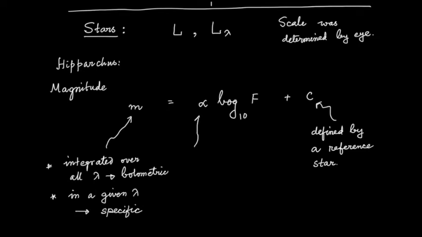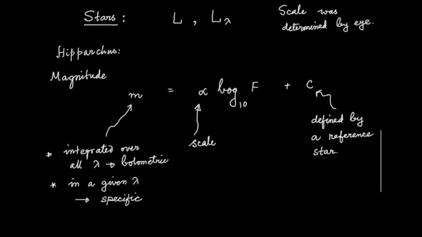Alpha determines the scale. So just like if I give you a ruler, the scale there is centimeter. So alpha determines how much different we call. So if I say magnitude 1 and magnitude 2, how much is the difference between these two? Now, this entire definition has nothing to do with any physics apart from the fact that we observe in logarithms. Our eye is sensitive to logarithm of flux. But everything else in this definition is just by choice.